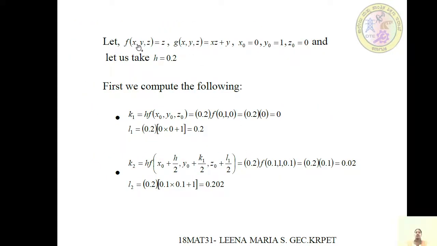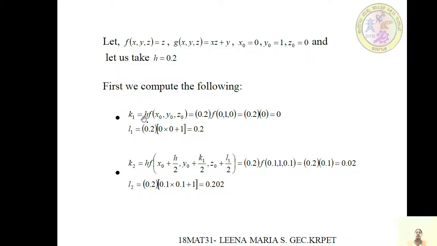Let us consider the first function f of x, y, z equal to z. G of x, y, z is equal to x into z plus y, with initial conditions x0 is 0, y0 is 1, z0 is 0, and the value of h is 0.2. Now we are going to find the values for k1 and l1.